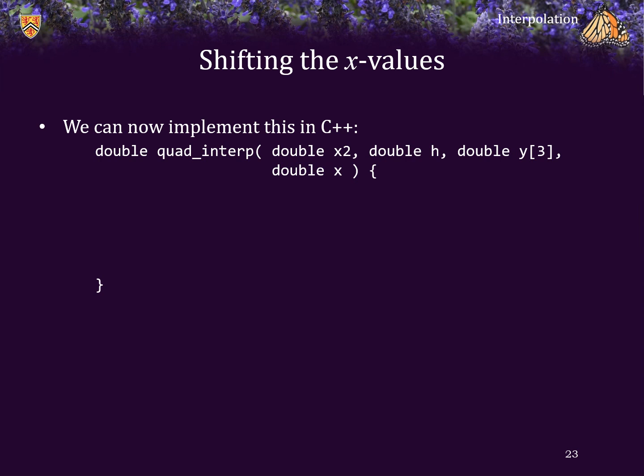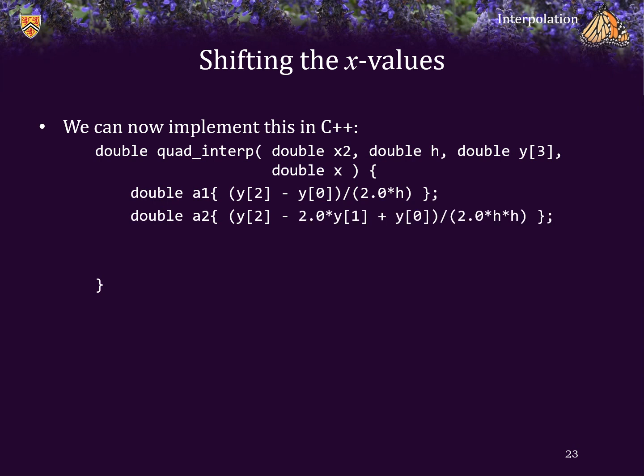Now we would like to find the interpolating quadratic that passes through these 3 points and evaluate it at the point x. Well, we can calculate the coefficient a1, we can calculate the coefficient a2, and then we can evaluate the polynomial at the point x minus x2.